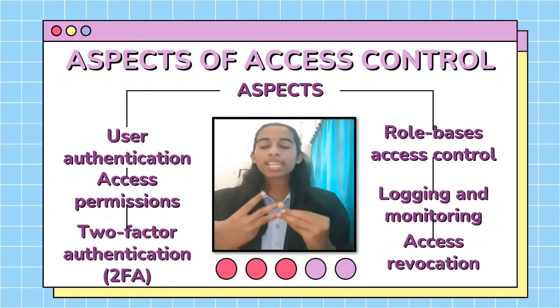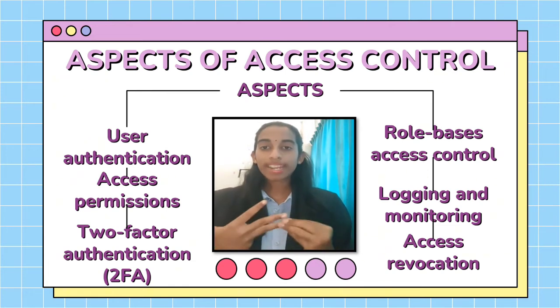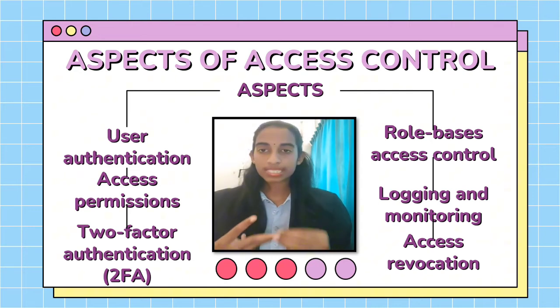Fourth is access permission. This is granted on a need-to-know basis. Fifth is two-factor authentication, where the electronic data interchange system needs an additional verification step to access it. Last is logging and monitoring. This access is often logged to monitor the users' activity.